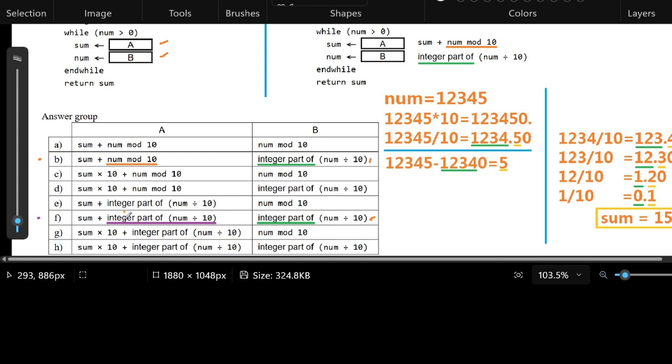But if we try it out, we'll find that this won't give us the sum of the digits of 12,345.